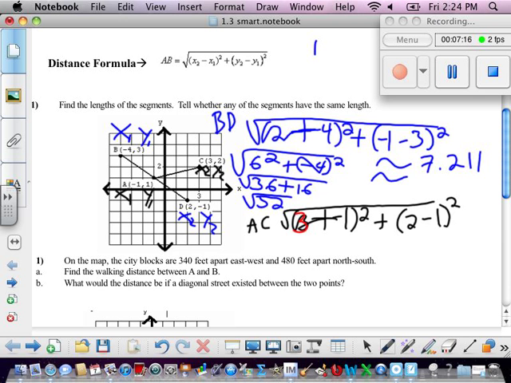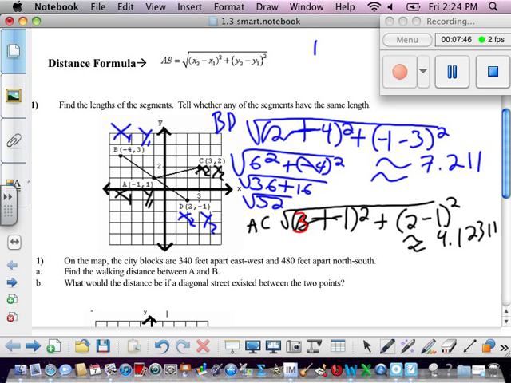So again, we're going to take our calculator, push the yellow button, push x squared next to the 4, parentheses, 3 plus 1, and parentheses squared, plus 2 minus 1, and parentheses squared. And we get approximately 4.12311. These will be the only calculators we're using in class, so I strongly suggest you get used to them.